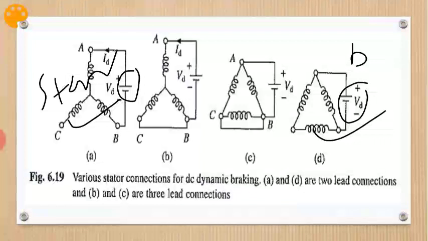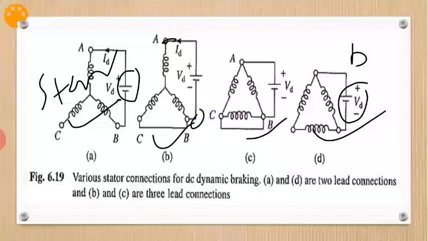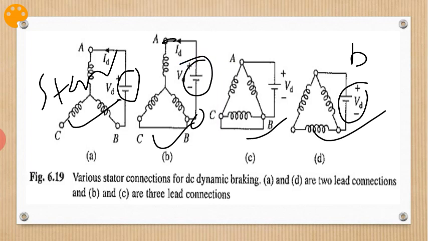Okay, similarly figures B and C are 3-lead connections. This is a star again, with two phases A and B, and in between A and B the DC supply is connected. Similarly here also, but here C and B are shorted.